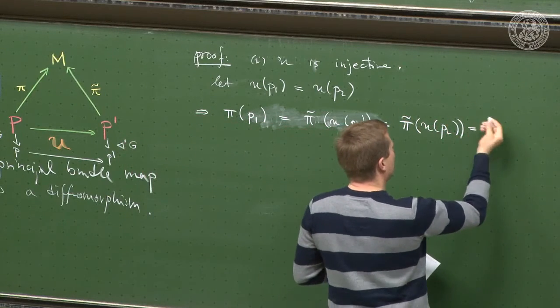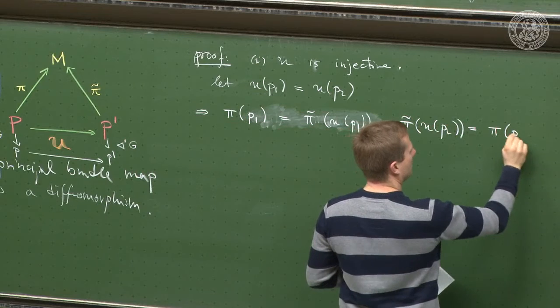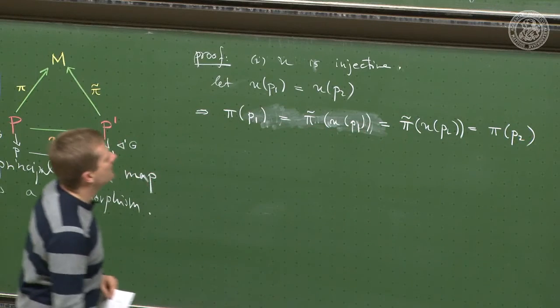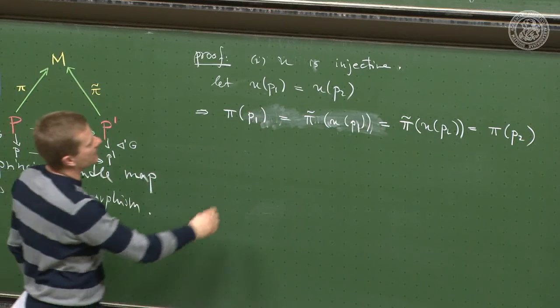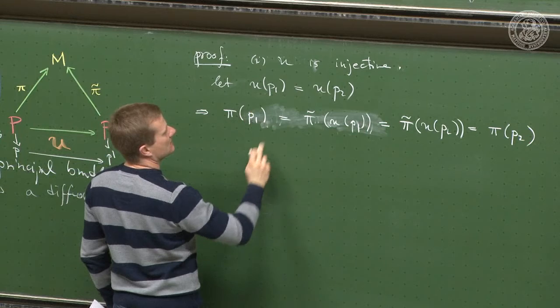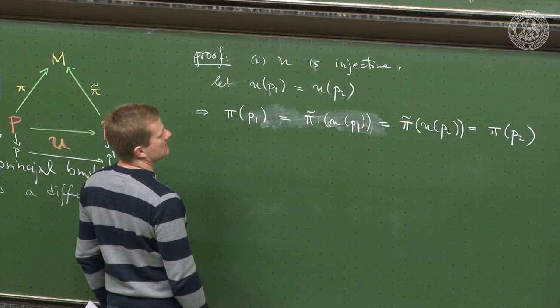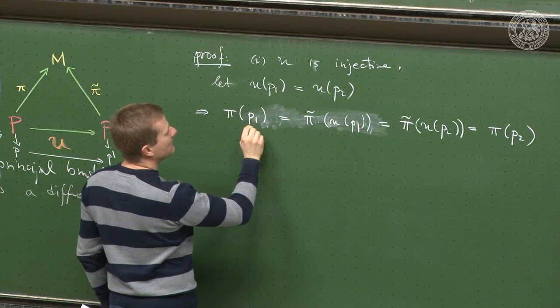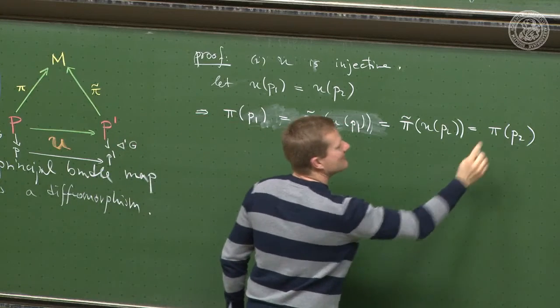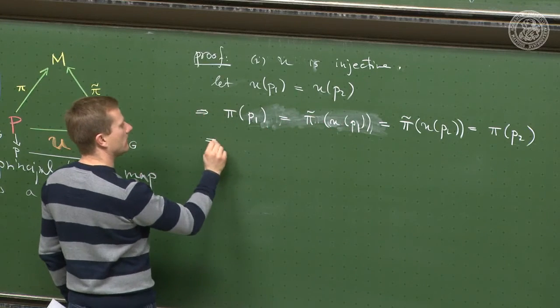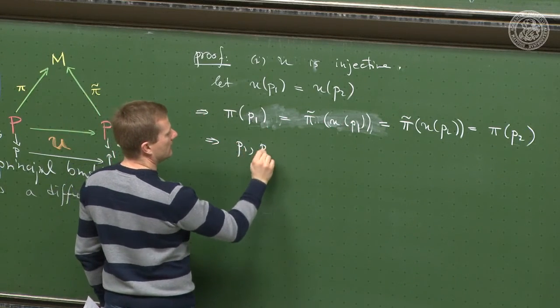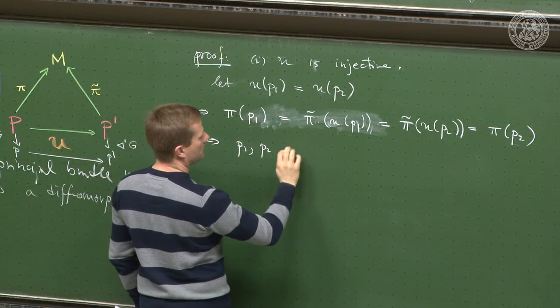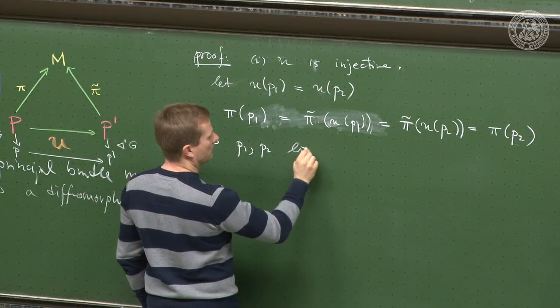But that, of course, again, is the pi of P2. So what have we learned? We have learned that if I assume that the images are the same, then P1 and P2 lie in the same fiber. Therefore, pi of P1 and pi of P2 lie in the same fiber.